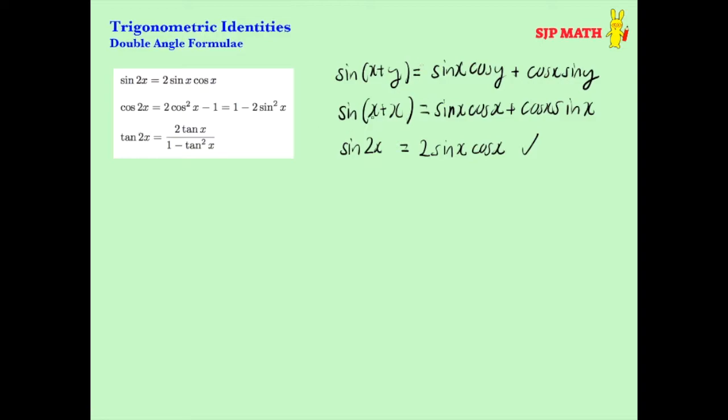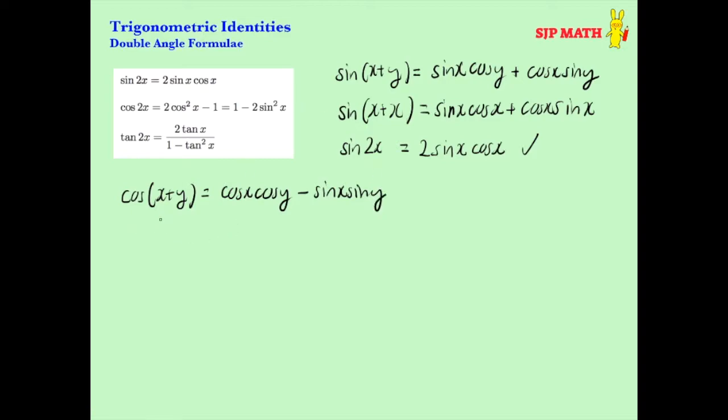Here we started with the compound angle formula to get to the double angle formula for sine. Same for cosine, we're going to start with one of its compound angle formulas. If you remember, this is cosine of x times cosine of y minus sine of x times sine of y.